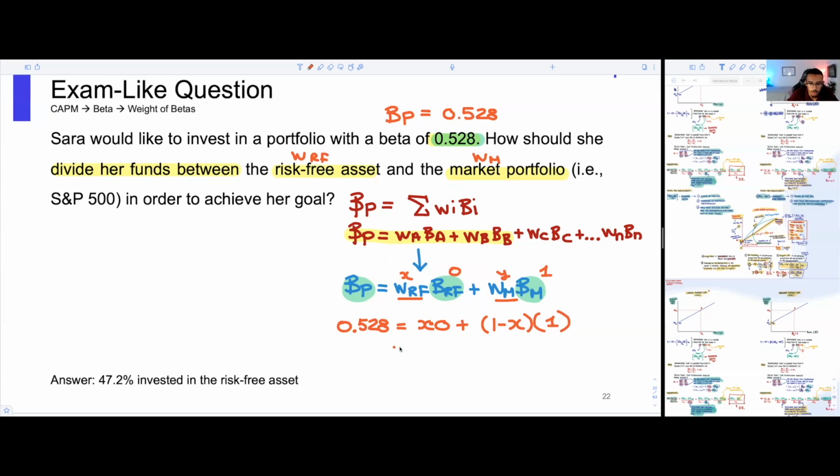In other words, you would really just have 1 minus X has to be equal to 0.528. In other words, X would be equal to 0.472. And if you remember, we said in this example, the way I did it, that X is the risk-free rate, such that you would need to be invested 47.2% in the risk-free rate.